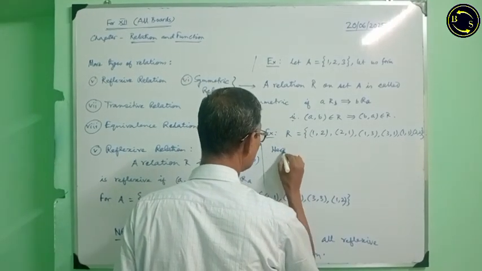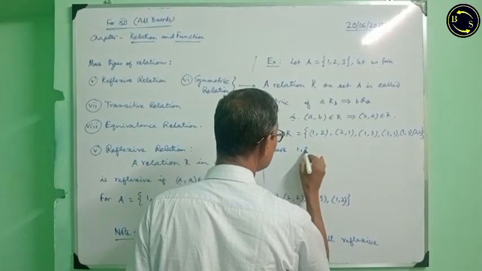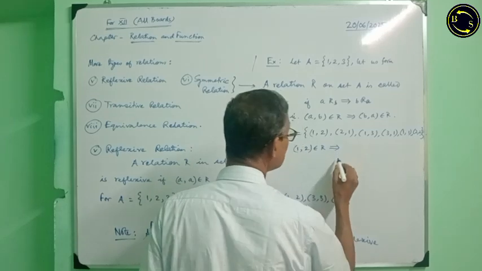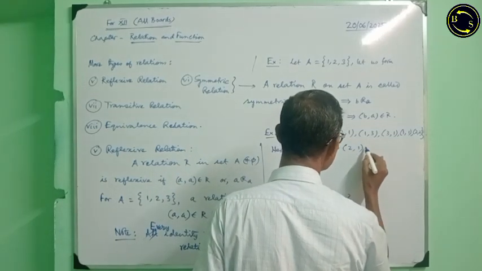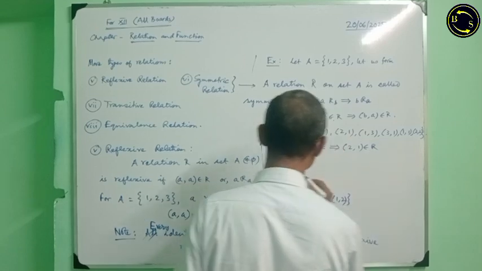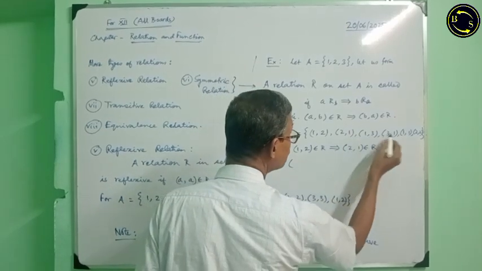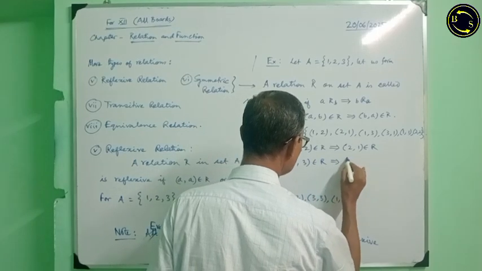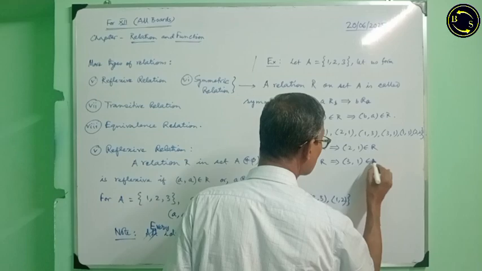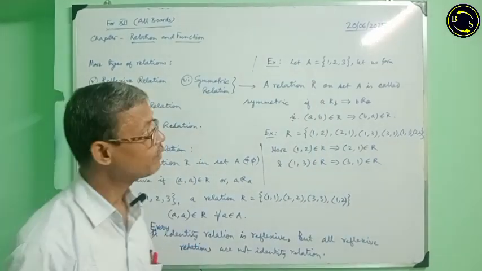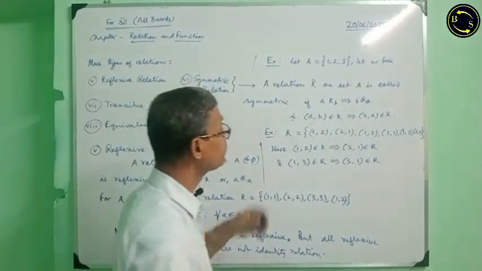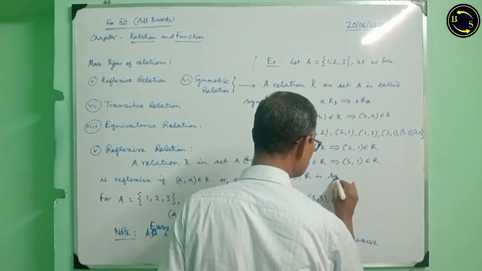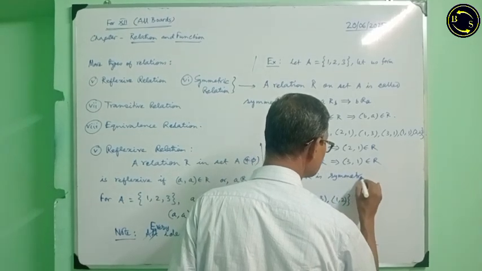Here, (1,2) is a member of R, then (2,1) is also a member of R, and (1,3) is a member of R, then (3,1) is also a member of R. Therefore, as per the definition of symmetric relation, R is a symmetric relation.